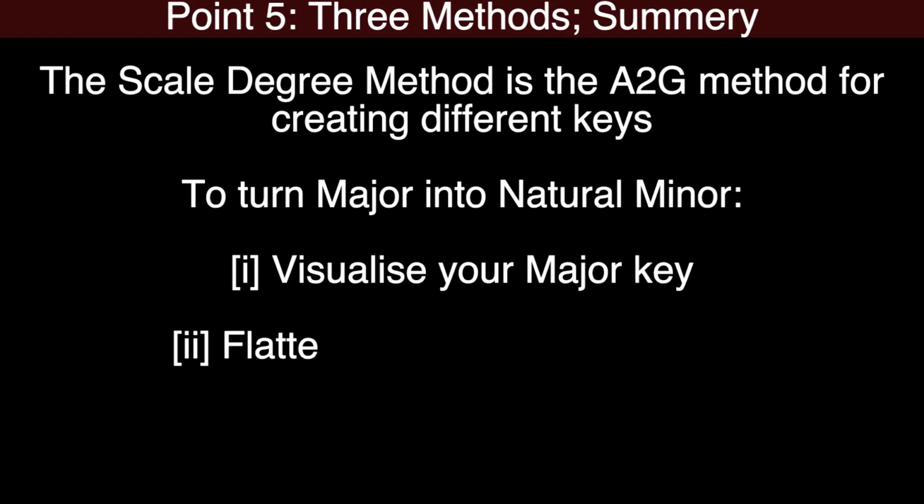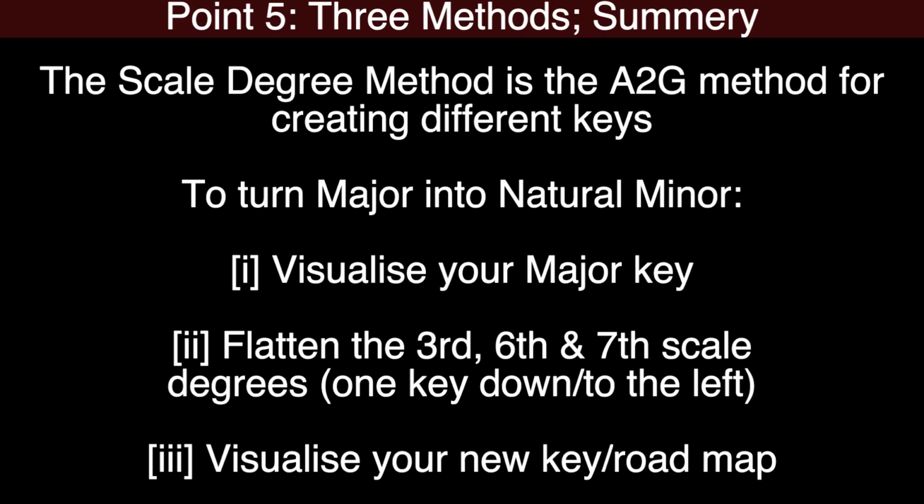Method 3 is how we will turn a major key into a different key throughout the A2G resource. For example, to turn the major key into the natural minor, we visualise the major, flatten the 3rd, 6th and 7th scale degrees, the 3, 6, 7. The result is the natural minor key of our root note.